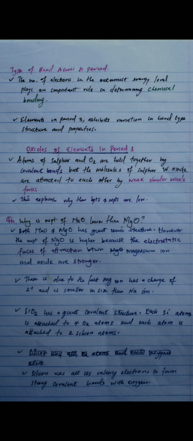Silicon oxide has a giant covalent structure, and each silicon atom is attached to 4 oxygen atoms and each oxygen atom is attached to 2 silicon atoms. So silicon uses all its valence electrons to form strong covalent bonds with oxygen.